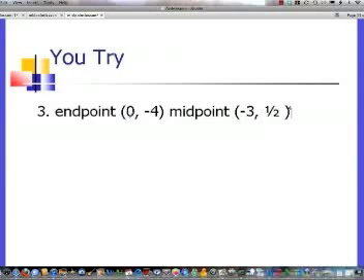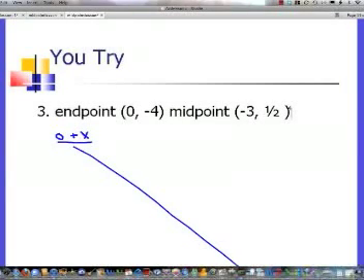Okay, endpoint. Let's do it the algebra way for those of you who are thinking, whoa, what is she doing? Okay, 0 plus x over 2, there's my 2 endpoints. Remember, one of them I don't know. Equals -3.